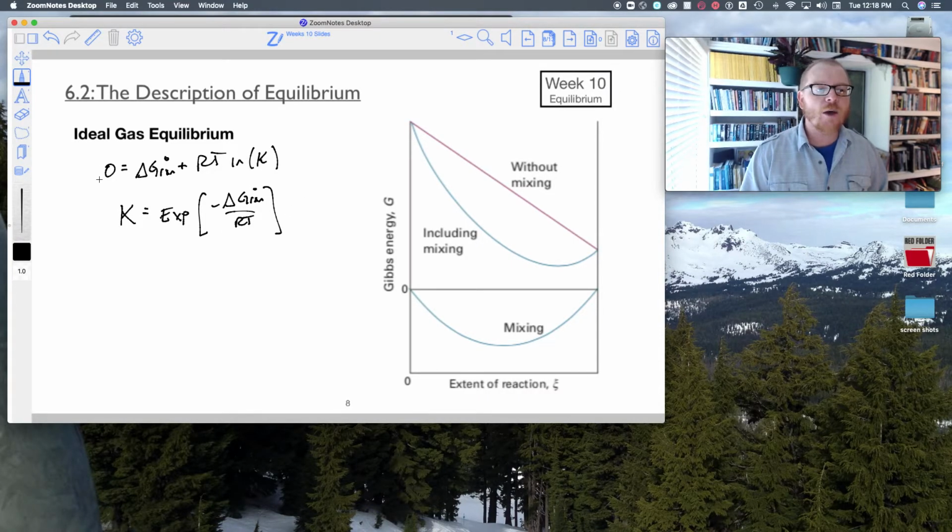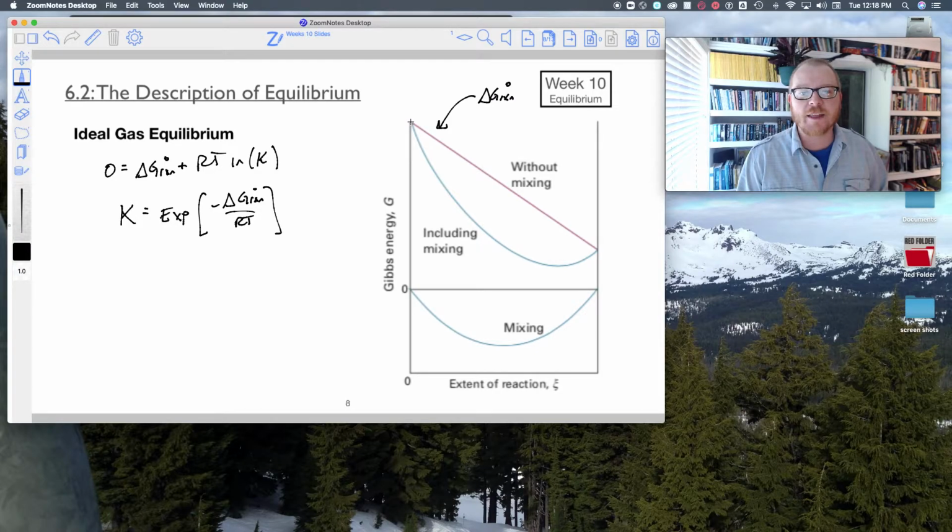So now what's going on with this free energy right here that we set equal to 0? That's really this term right here, or this y scale. Without mixing, this line really gives us the standard free energy of reaction.